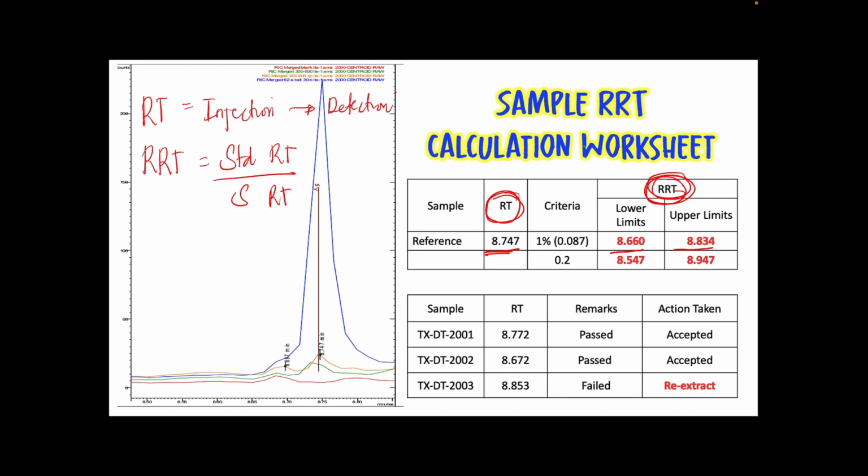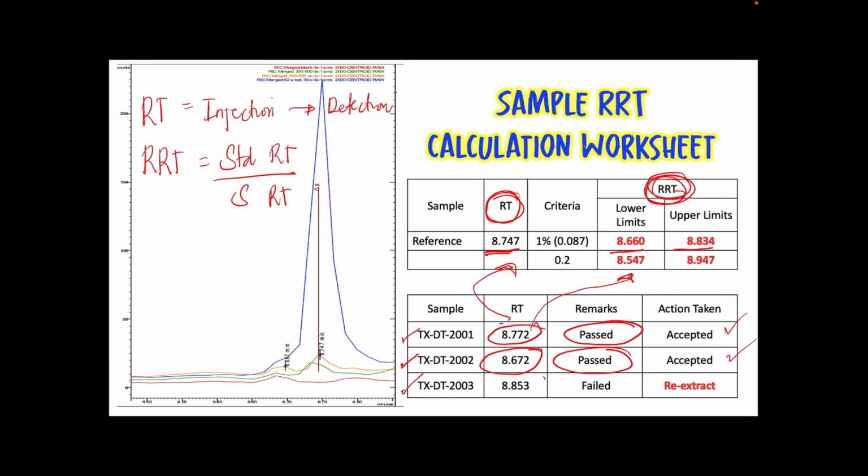When the samples are analyzed, we have sample 1, 2, and 3. The RT of sample 1 and sample 2 can be compared to the RT of the internal standard, and the RT falls within the upper and lower limit. This means it passed, so you can report a positive drug test result for this specimen.